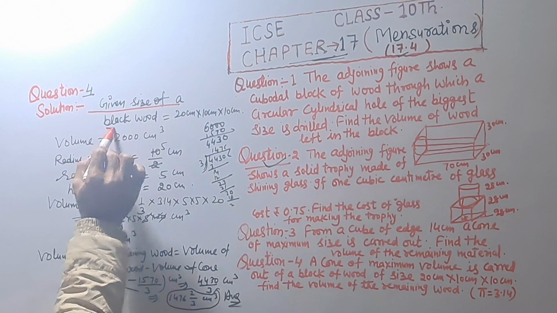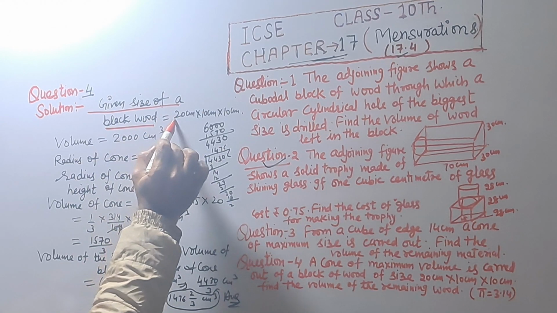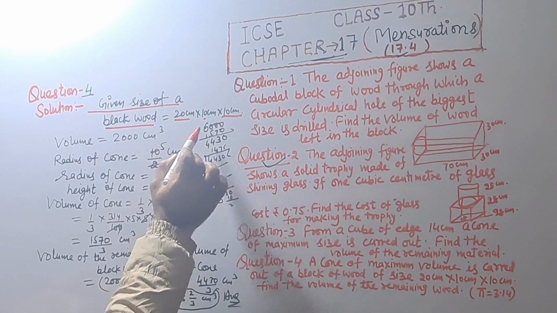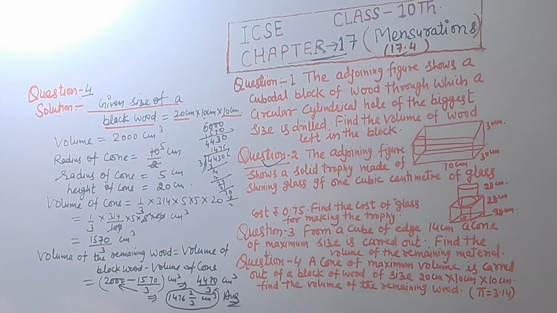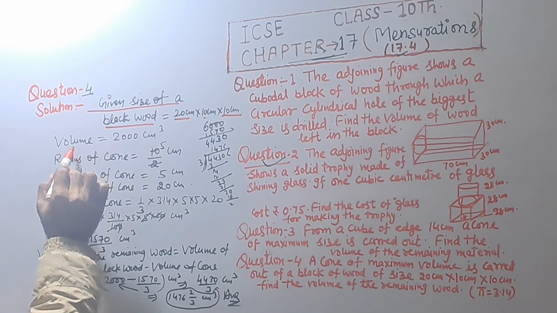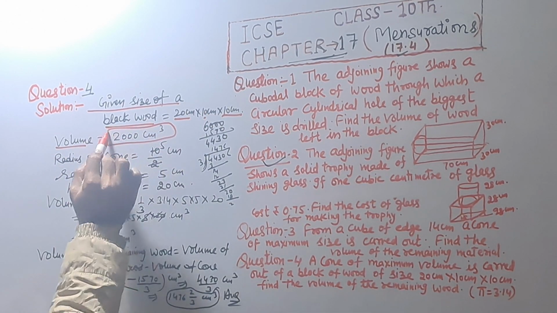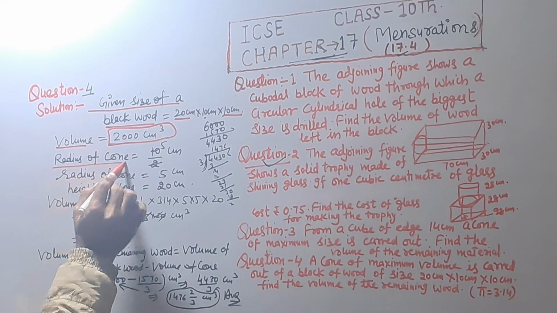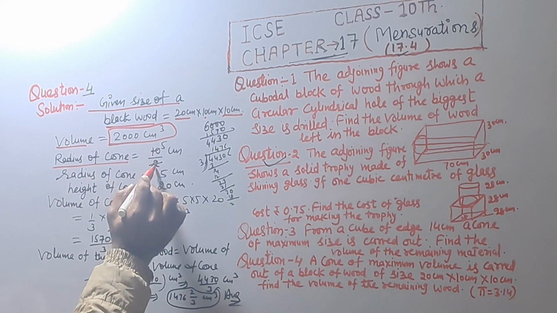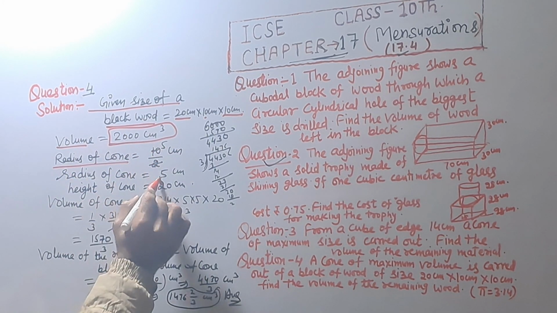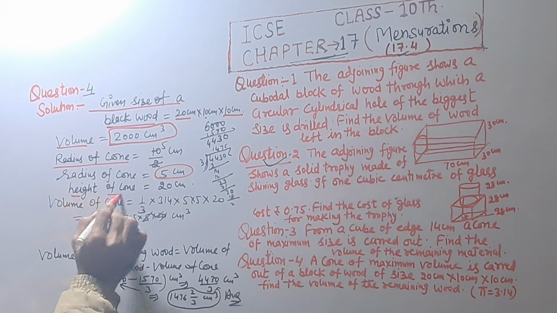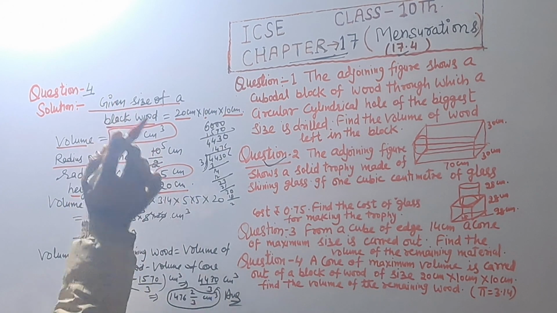Given size of block wood is equal to length, breadth, height, that is 20 centimeter into 10 centimeter into 10 centimeter. So its volume is equal to LBH, that is 2000 centimeter cube, and radius of cone is 10 divided by 2, that is equal to 5 centimeter, and height of cone is equal to 20 centimeter.